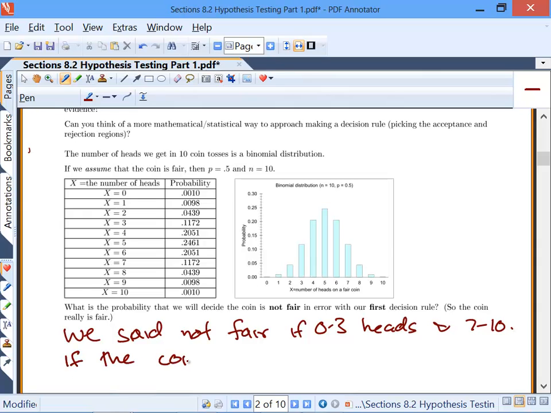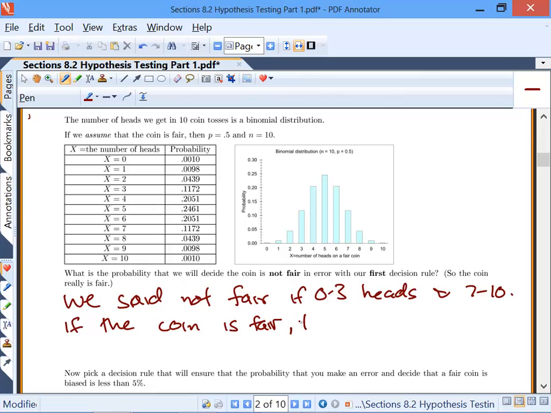So if the coin is fair, then the probability of getting x equals 0, 1, 2, 3, 7, 8, 9, or 10 is going to be what? How am I going to find this probability? The sum of all those. Okay, just the sum of all those.